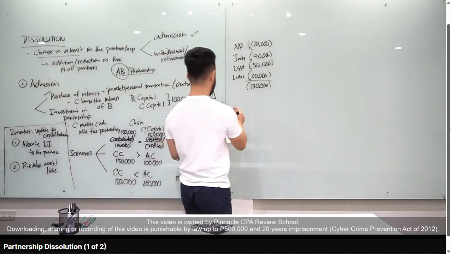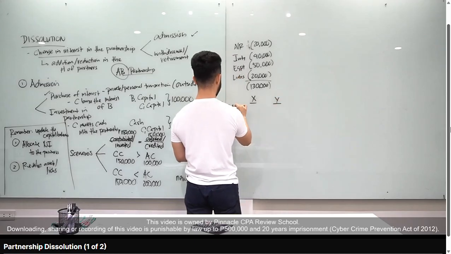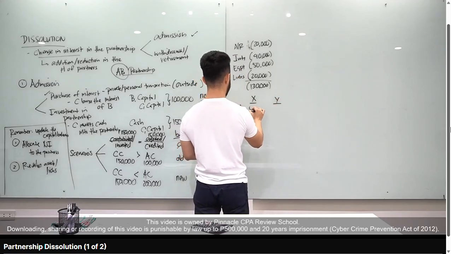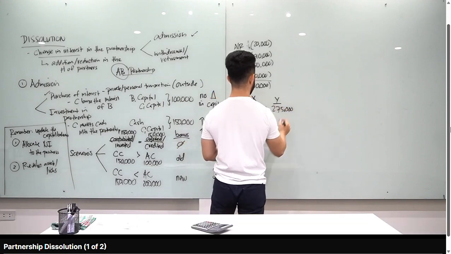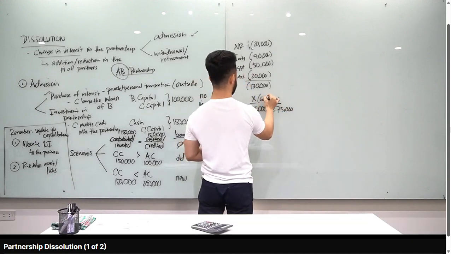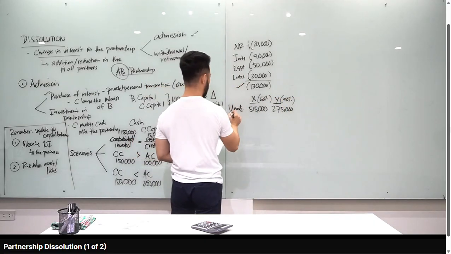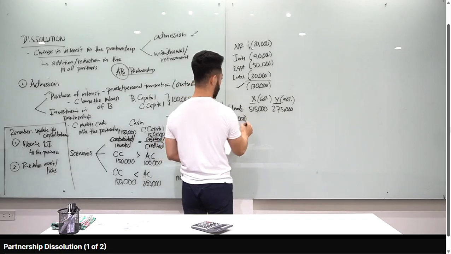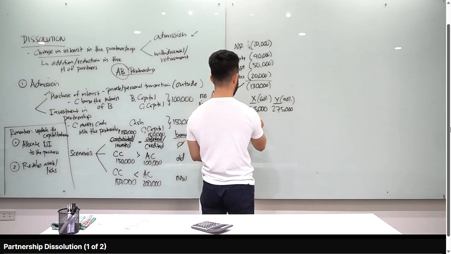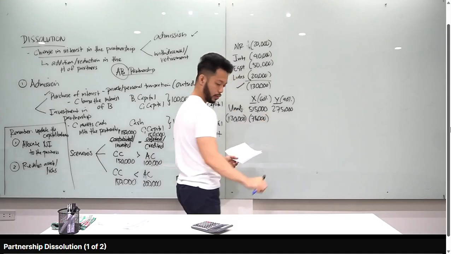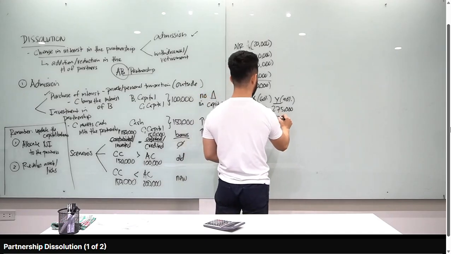I said earlier, update the capital balances first. So what is given to us in the problem is partner X, and then partner Y. Their unadjusted capital balances, how much? 515, look at the balance sheet, for partner X, and for partner Y, 275,000. Let's put the P&L ratio here, 60% and 40%. Alright, so the adjustments, 130, we allocate that: 130 times 60%. 130 times 0.6, 78,000, negative. 130,000 times 0.4, you have 52,000, negative 52,000.